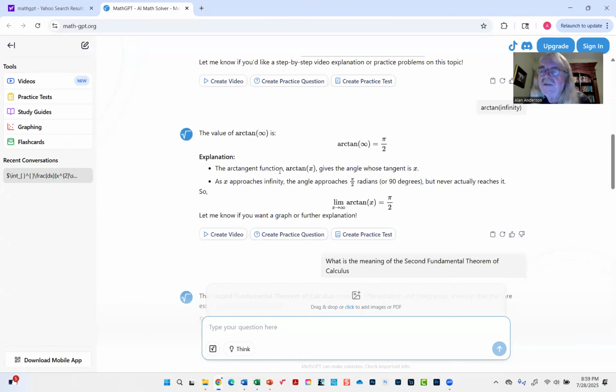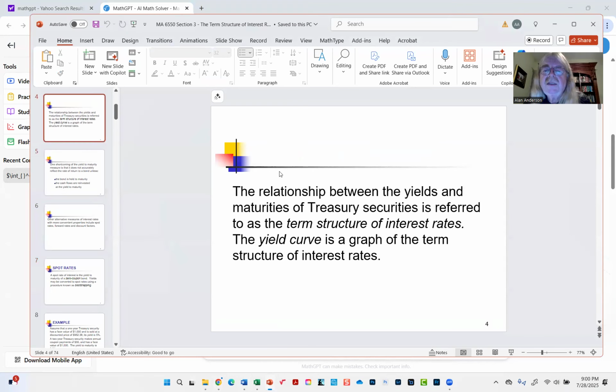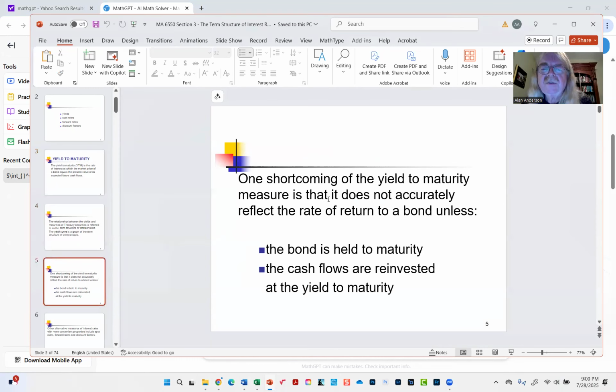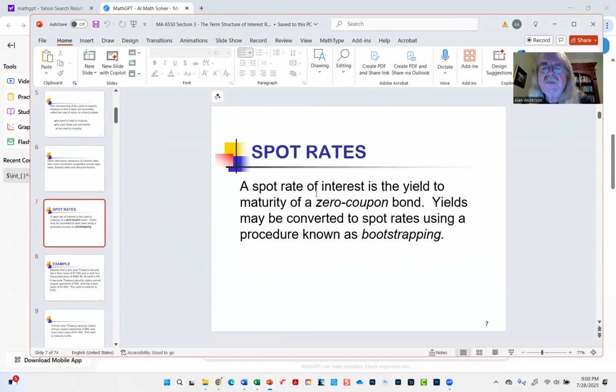So yields come from the treasury curve, and yields are just like it says here. A yield is simply the unique rate of interest at which the bond's price matches up with the present value of its future cash flows. Now, we also have the notion of the spot rate. The spot rate is interesting because it is actually a yield to maturity, but for a zero coupon bond.